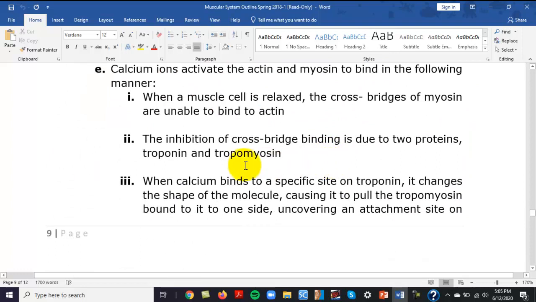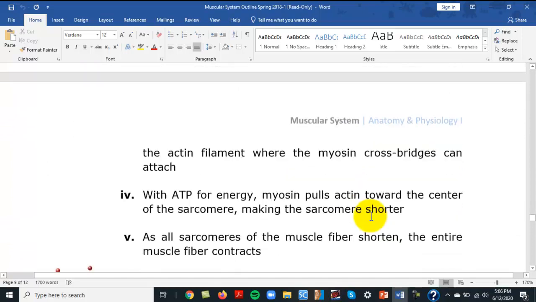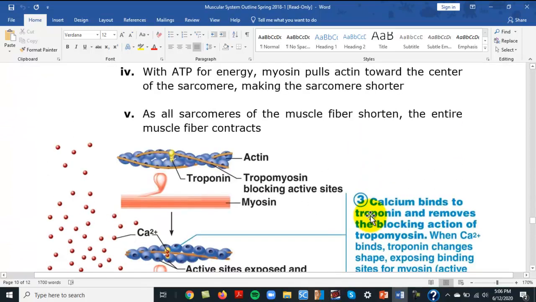So the inhibition of cross-bridge binding is due to two proteins, troponin and tropomyosin. When calcium binds to a specific site on troponin, troponin C, it changes the shape of the molecule, causing it to pull tropomyosin to one side, uncovering the binding site or active site.